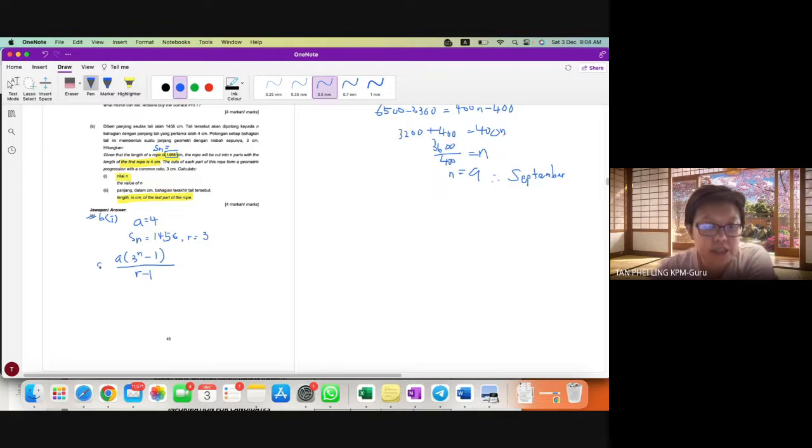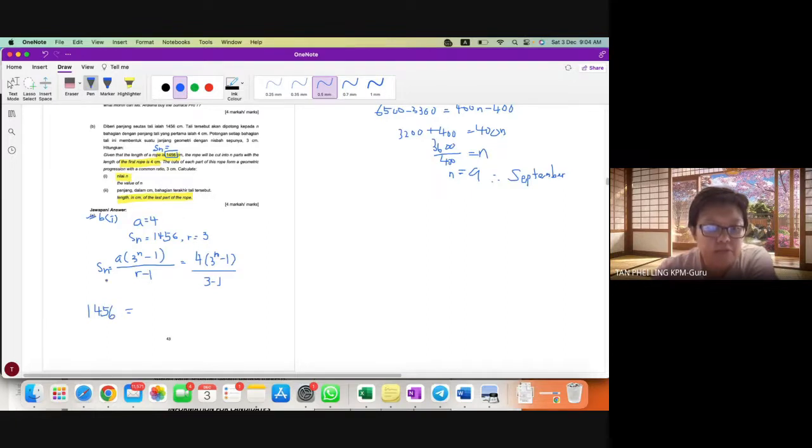So this is the Sn formula. Then only you substitute in 4, bracket 3 power n that you don't know minus 1, over 3 minus 1. So for Sn you have the answer 1,456, right?